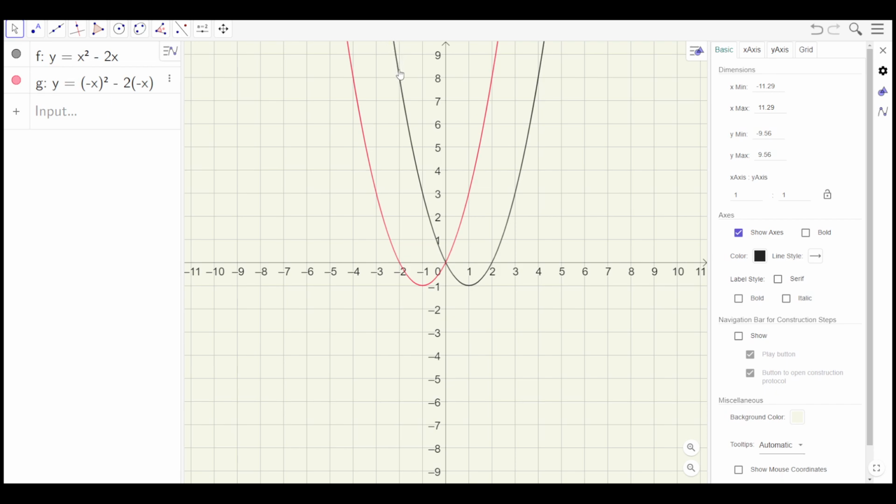Because this branch of the black one, after being flipped about the y-axis, becomes this branch of the red one, and this part of the black one becomes this part of the red one. So hopefully you agree with me that the red one is the flipped version of the black one with respect to the y-axis.